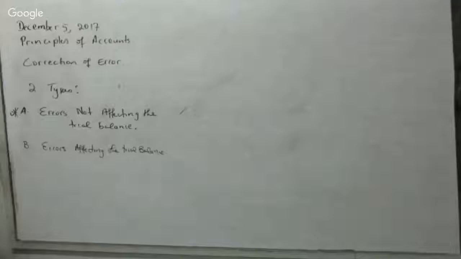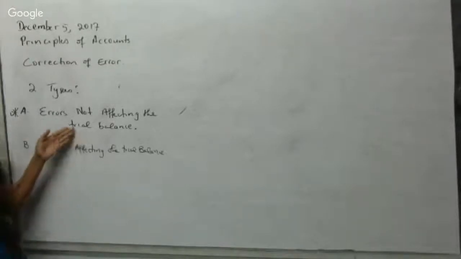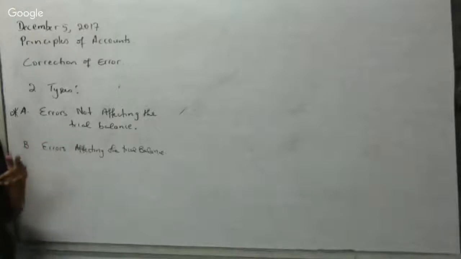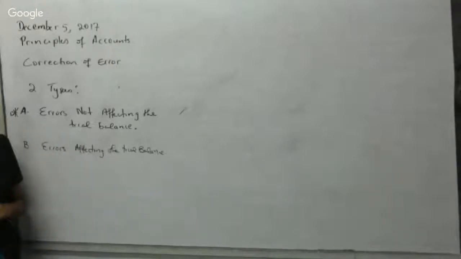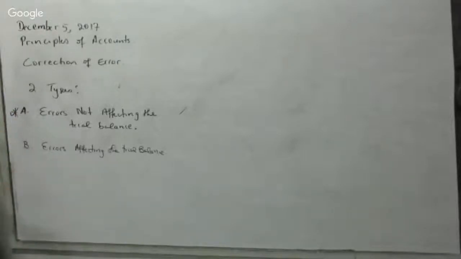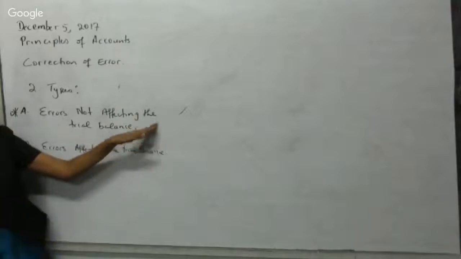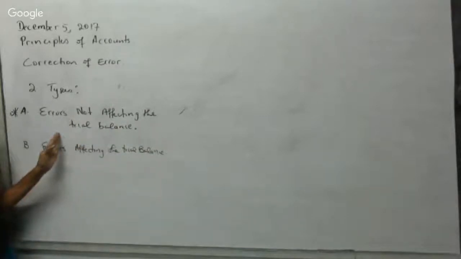Depending on the type of error, once it resulted in a debit and a credit, your trial balance is still going to be equal. So you can't tell that there's an error by just looking at the trial balance totals. You really have to go back into the books and check them to recognize the errors. So these are the ones we're going to be looking at tonight: errors not affecting the trial balance.